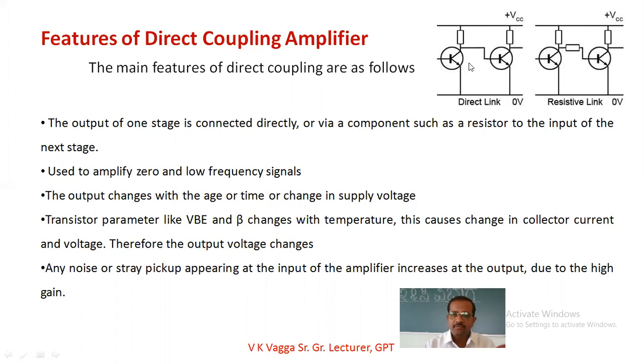Assuming this BJT1 is the first stage and this BJT2 is the second stage, the output of the first stage is connected as an input to the next stage with a direct single wire, or it can be connected with a resistor. This is called direct coupling.